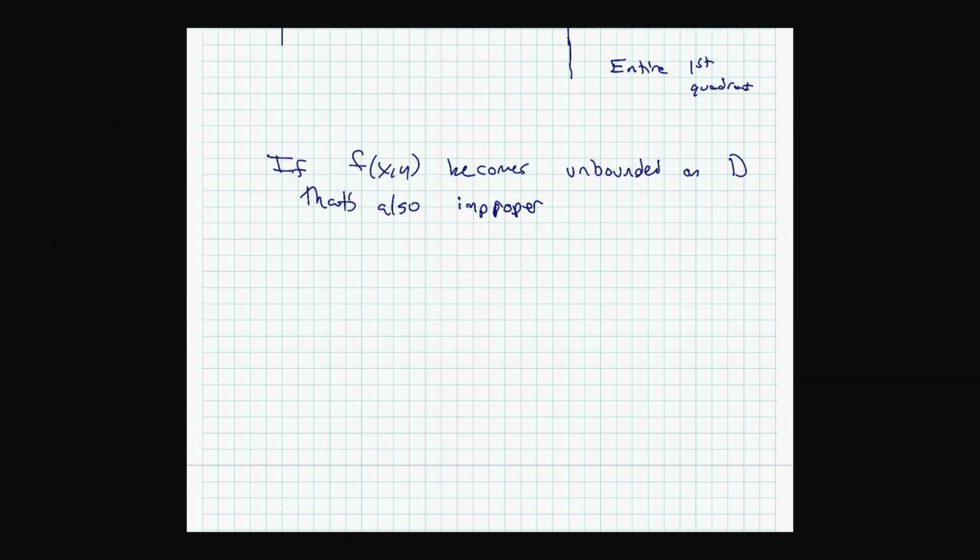So for example, here's the example they give: double integral over D of 1 over 1 minus x squared minus 2xy dA, where they say x squared plus 3y squared is less than or equal to 1.